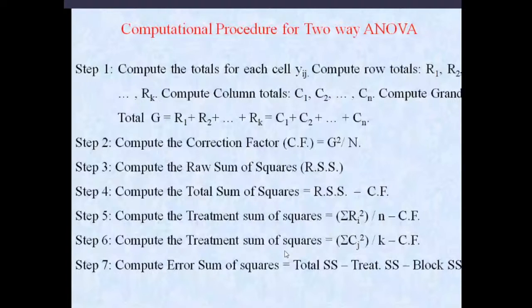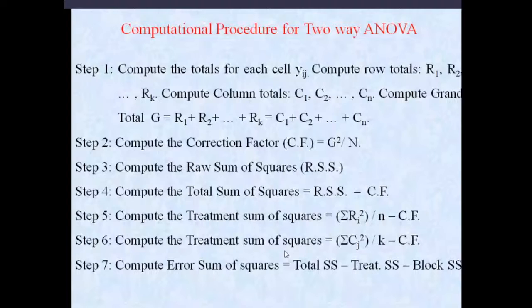Then you can go for the column totals. Generally I have written it treatment wise here, but you can consider one for the row effect studies and the other for the column effect, or factor A and factor B studies. So rows: summation of Ri square by n minus the correction factor, and similarly for columns. The error sum of squares is equal to total SS minus treatment SS minus block SS. So this is what you are going to use.